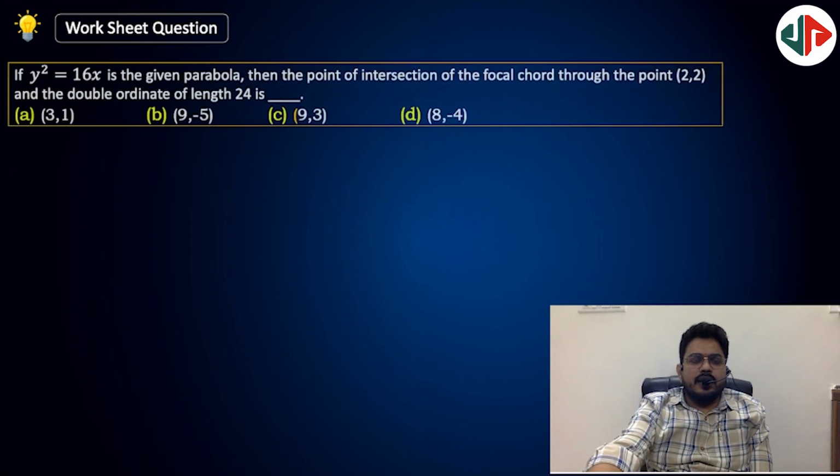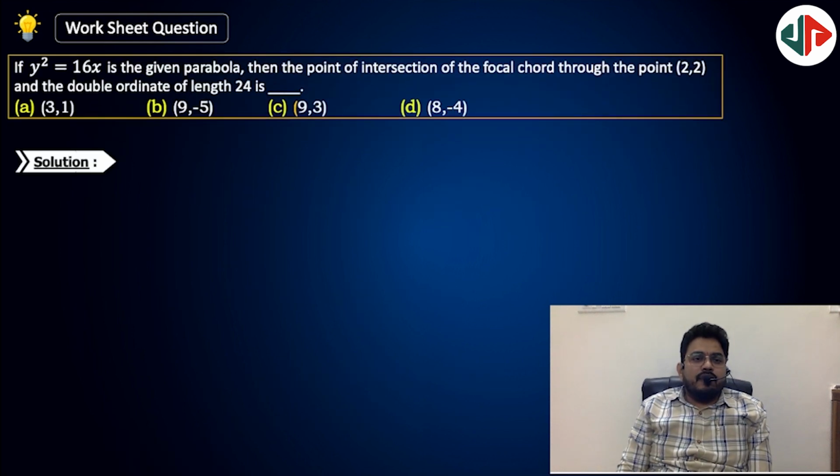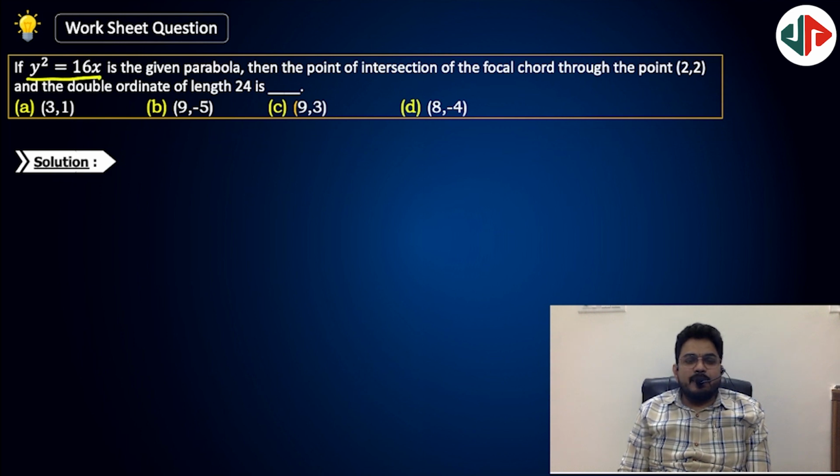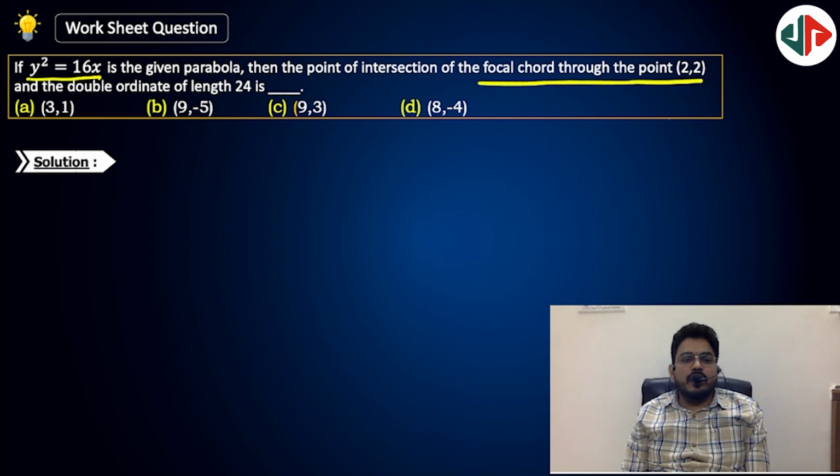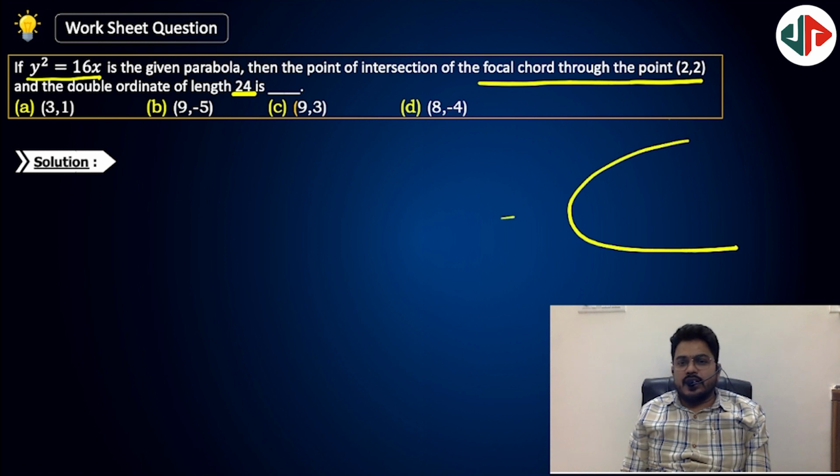Next question is, if y square is equal to 16x is the given parabola, then the point of intersection of the focal chord through the point 2 comma 2 and the double ordinate of length 24 is. So y square is equal to 16x.